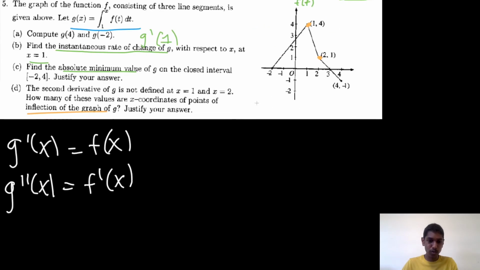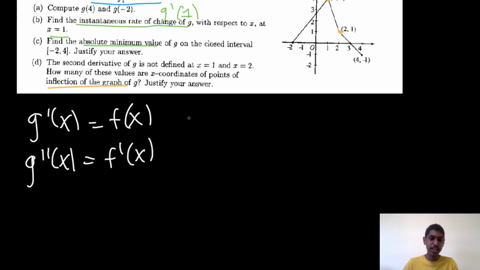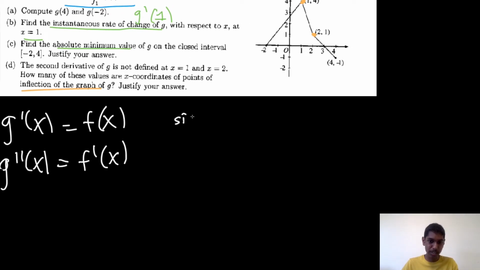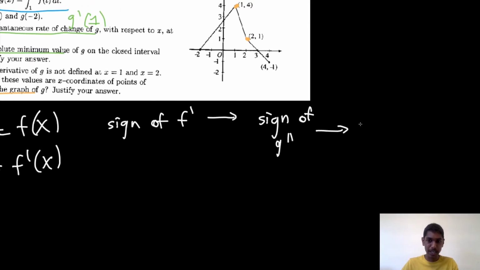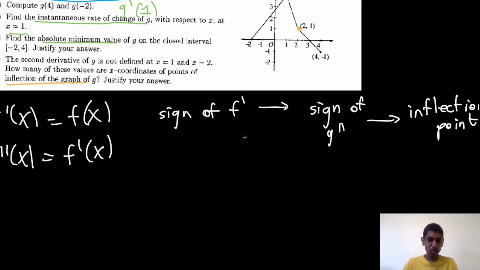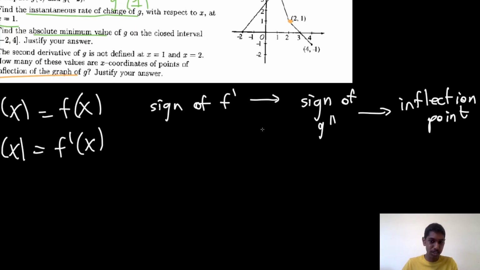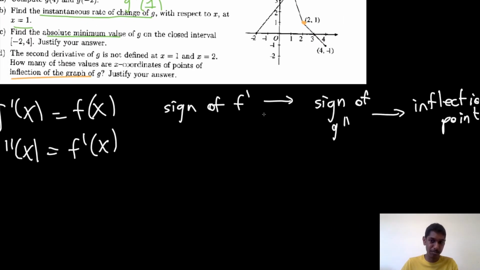So now we just have to check whether the sign of f prime changes, right? Because if the sign of f prime changes, then we know that also tells us that the sign of g double prime changes. And that leads us back to the definition of the inflection point, right? That the second derivative, g double prime, is changing sign.